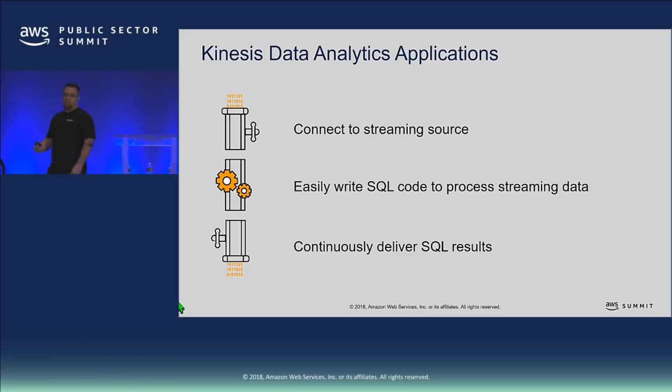And then you're going to continuously deliver those results to another Kinesis data stream or Firehose to be able to use downstream somewhere else. So what you'll see is you can start chaining these services together to build a really in-depth, rich pipeline for the data flowing through your systems.